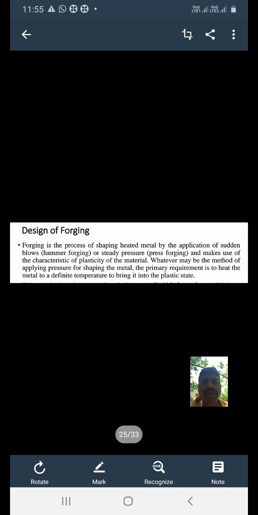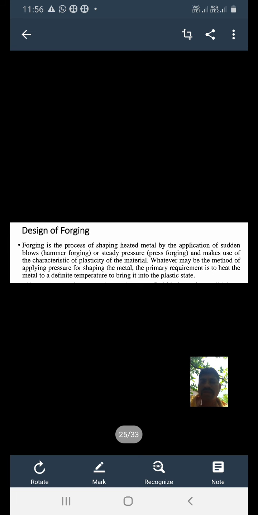Whatever may be the method of applying pressure for shaping the metal, the primary requirement is to heat the metal to a definite temperature to bring it into the plastic state.